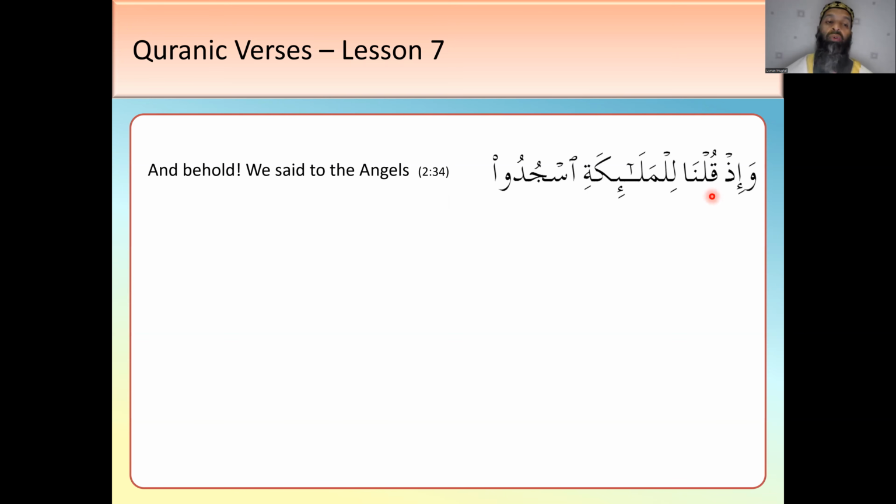Qulna. Okay. Qulna. Fantastic. More people. Qulna. Good. We said. And now this we, Allah subhanahu wa ta'ala, right? But Allah subhanahu wa ta'ala uses the plural for himself, right?